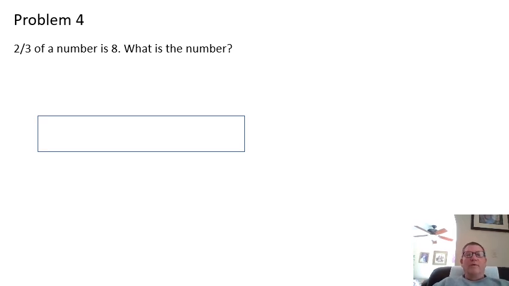All right, number 4. Now this says 2/3 of a number is 8. What is the number? Now this is a little tricky here. So what is our total here? It says 2/3 of a number is 8. I don't know what the number is. So I'm looking at 2/3 times some number equals 8.